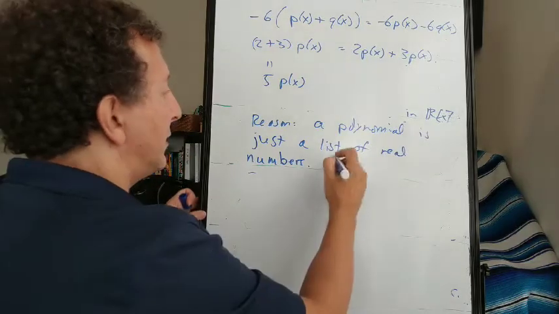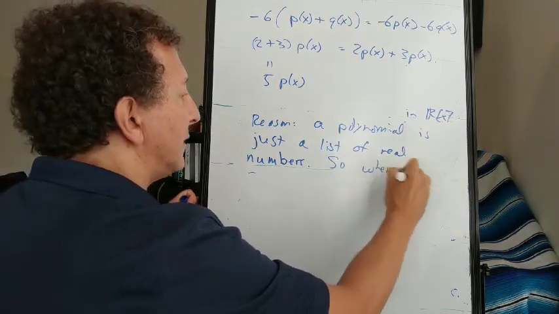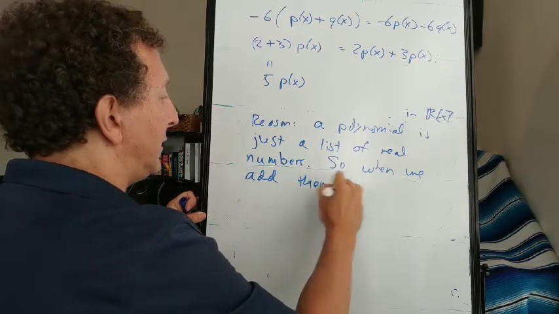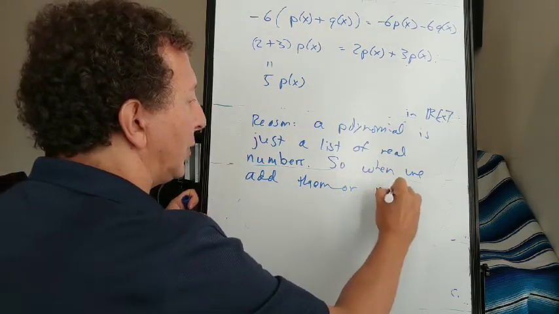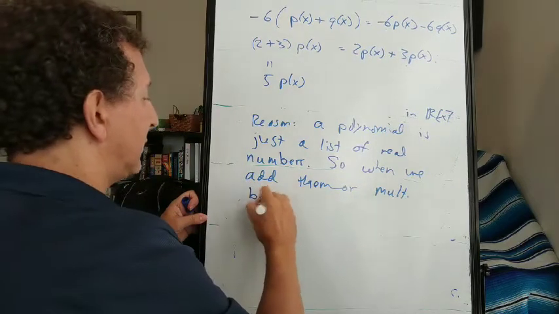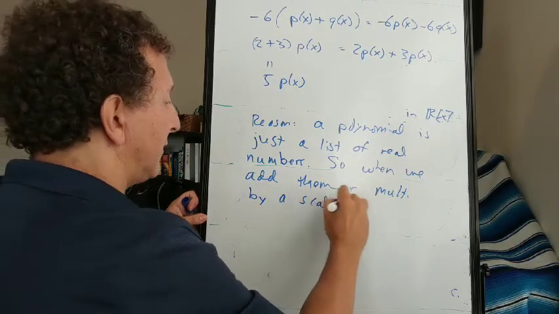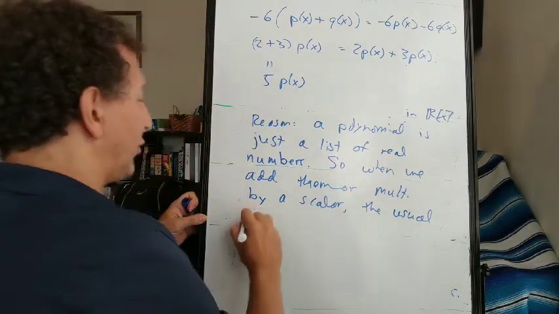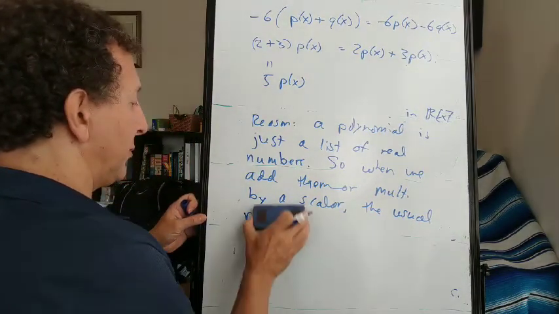So when we add them, or multiply by a scalar, the usual rules of real numbers apply.